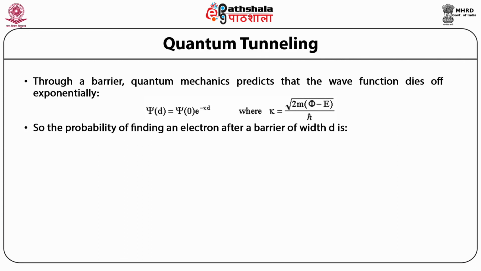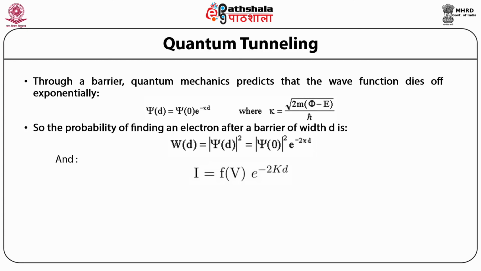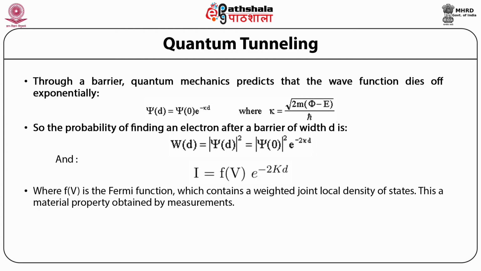The probability of finding an electron after a barrier of width d is W(d) = |ψ(d)|² = |ψ(0)|² · exp(−2kd), and I = F(V) · exp(−2kd), where F(V) is the Fermi function, which contains a weighted joint local density of states.